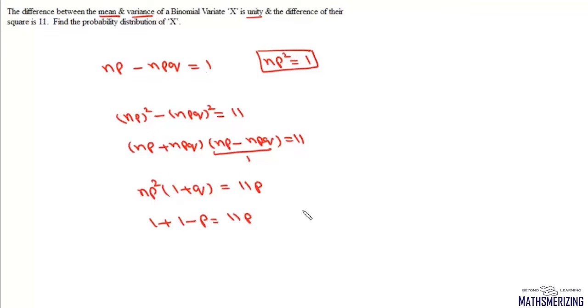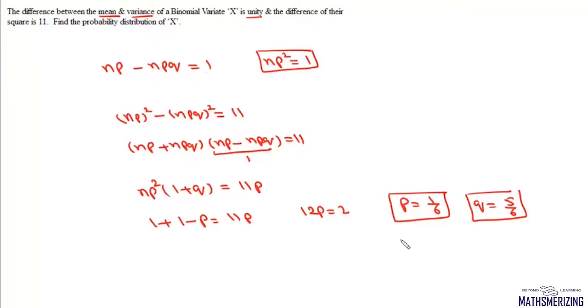So we can write 12p equals 2, so the value of p is simply 1 by 6. So now we have p. The value of q will be simply 5 by 6. Now n into p squared is 1, so the value of n will be simply 36.